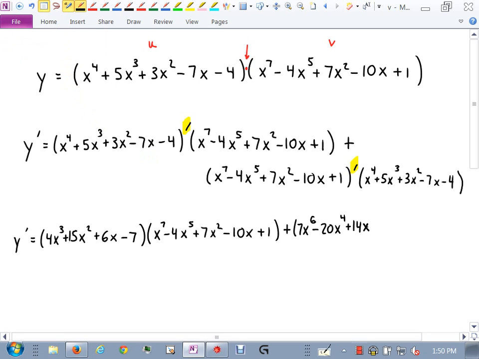I forgot my x on my 14. Times x to the 4th plus 5x cubed plus 3x squared minus 7x minus 4. And that's it. We're done with the derivative.